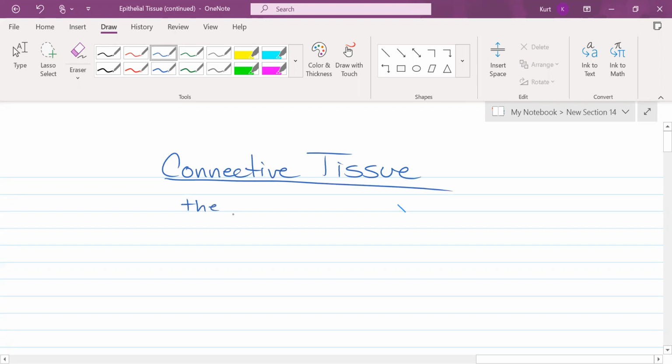This is the most abundant and most widely distributed type of tissue in your entire body.